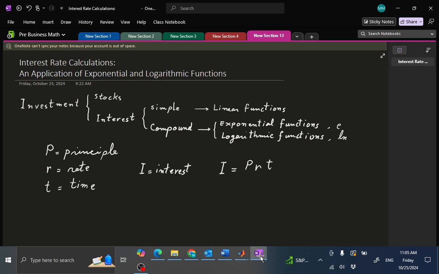In the simple interest, which makes the calculation so simple, the interest is proportional to all these three items. And then we have the accrued amount, or the total amount, meaning your original principal plus the interest. What is the total accrued amount?